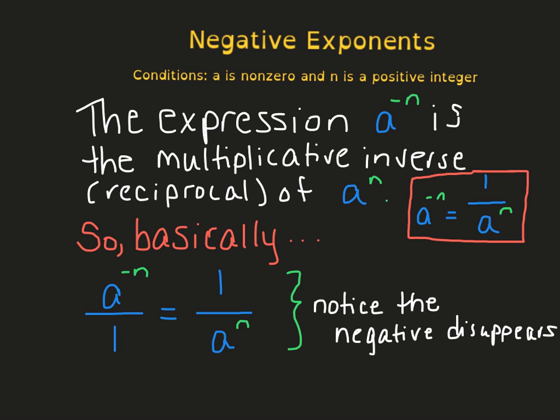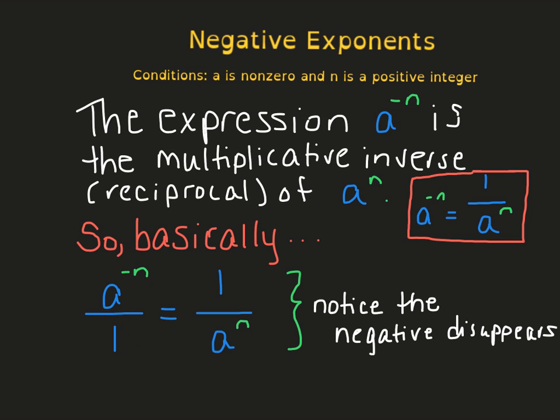Another thing Mr. Witt said that I thought was interesting is that we write numbers all the time, like 2 and 3, and we write variables like a. Well, there's a 1 under it. We just don't write it, but we know that there's a 1 under it. So in that situation, a to the negative n has a 1 under it.